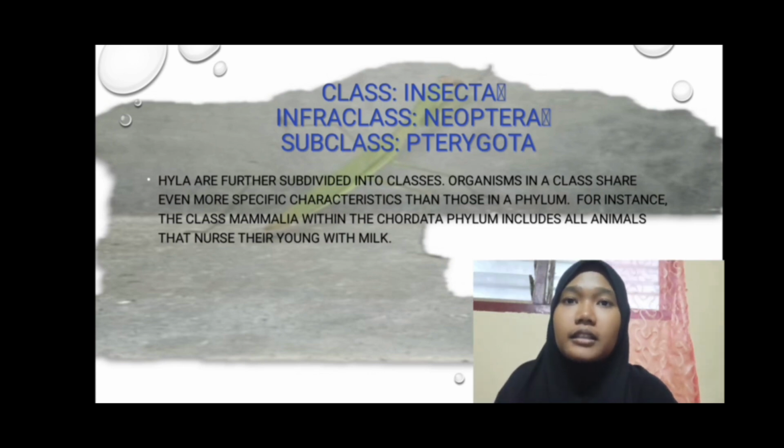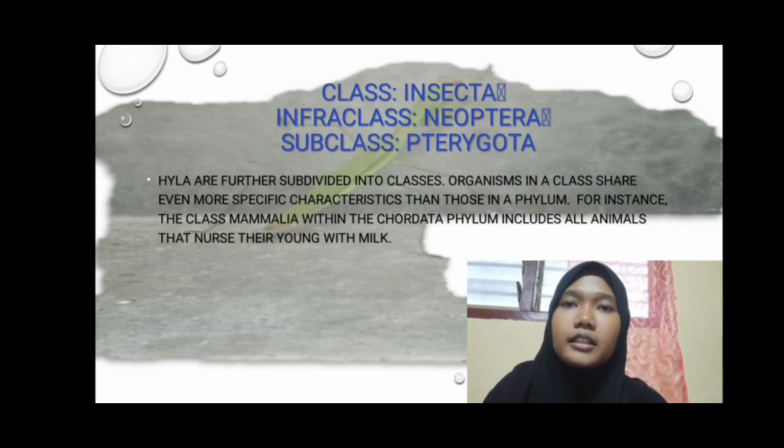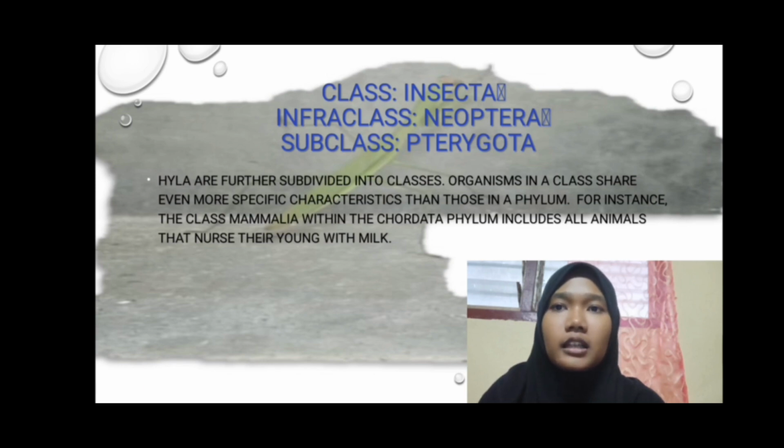Subclass is a subcategory in a class that groups organisms based on more specific characteristics than the class, but is still more general than an infraclass or order. The function of a subclass is to divide the class into smaller and more specific groups, thus helping in understanding the diversification and specialism of organisms in the class.